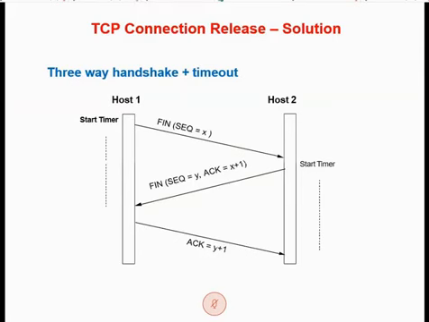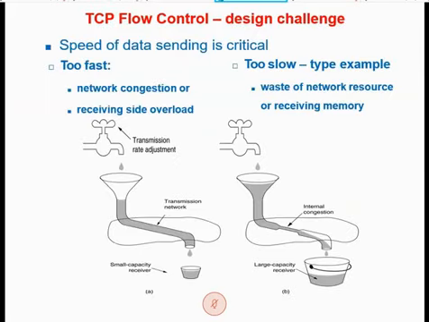Again, just we talk about the flow control. Flow control is about throughput, whether the speed is too fast or too slow. Network congestion, receive side is overloaded. If the network is congested, if the network is slow, how does the transmission rate adjustment happen? If you can see this diagram, if your receiver capacity is very small, even if the network is capable of transmitting more data, you won't be receiving the data as desired.